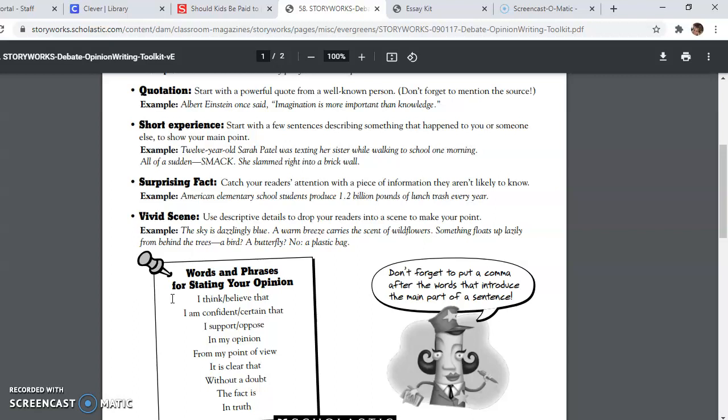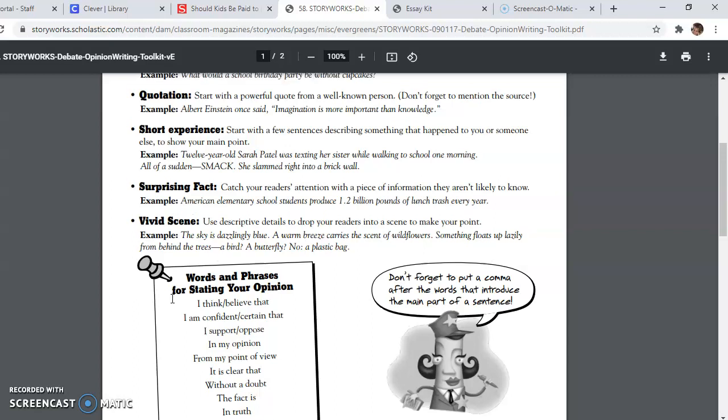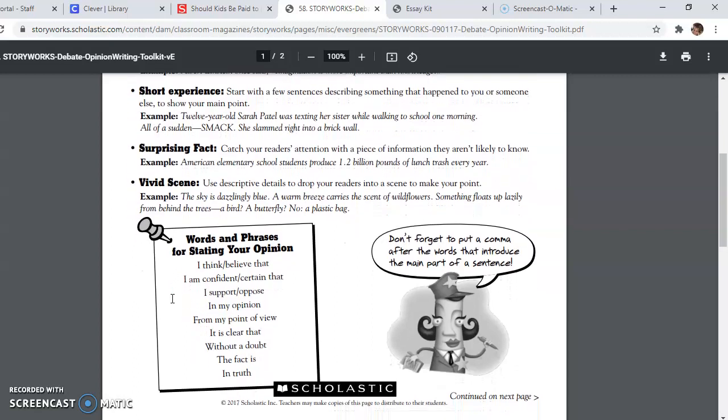A short experience. Maybe if you're on the side of the daughter, maybe you could put a short experience in there about how maybe you are paid to do your chores, and how you think that teaches you responsibility.